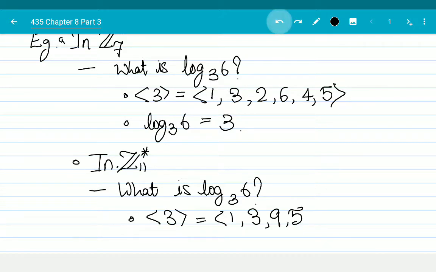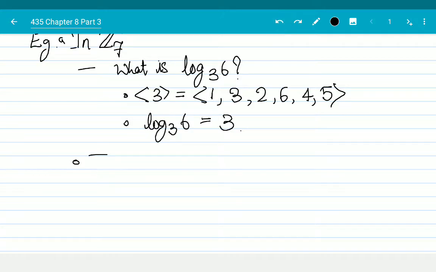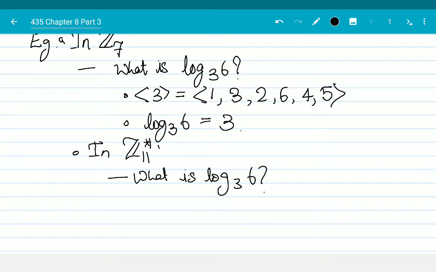And so not every element has the same log to the base of every other thing. For example, in Z_11 star, what is log_3 of 6?